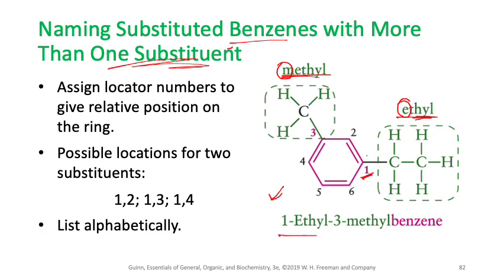So 1-ethyl-3-methyl benzene, right? Why did I count 1, 2, 3, and not 1, 2, 3, 4, 5, 6? Because the second substituent would come on the 5th, not the 3rd. That's why we went counterclockwise.